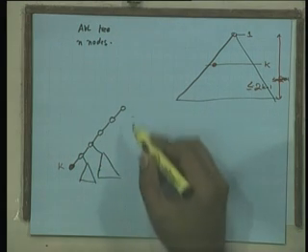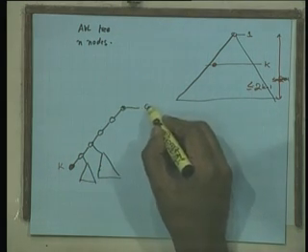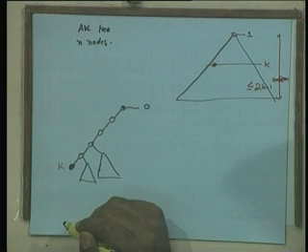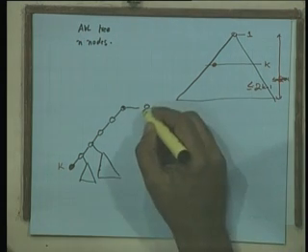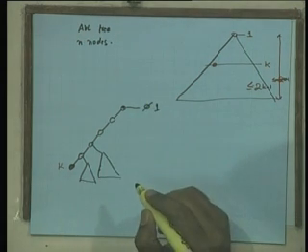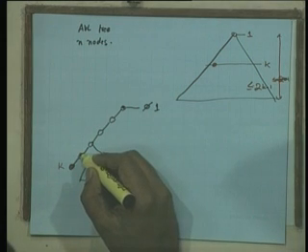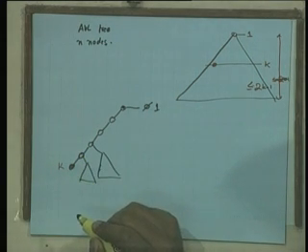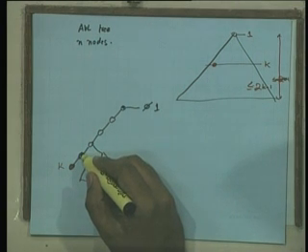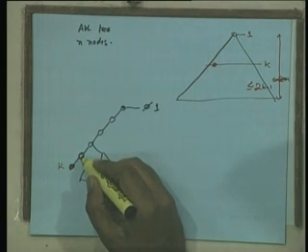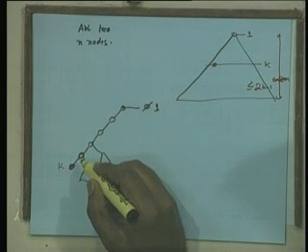This is my root, level 1, sorry. Now, let us look at this node first, which is at level k minus 1. What is the height of this node? What can be the height?